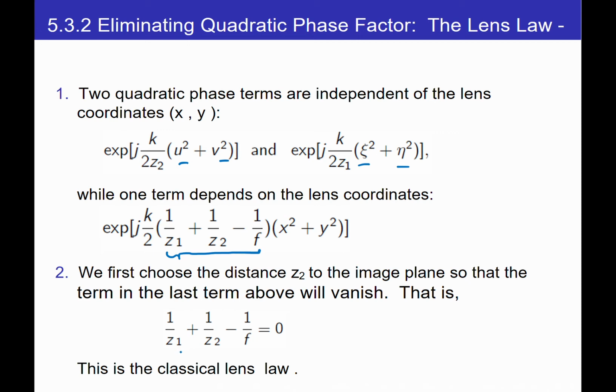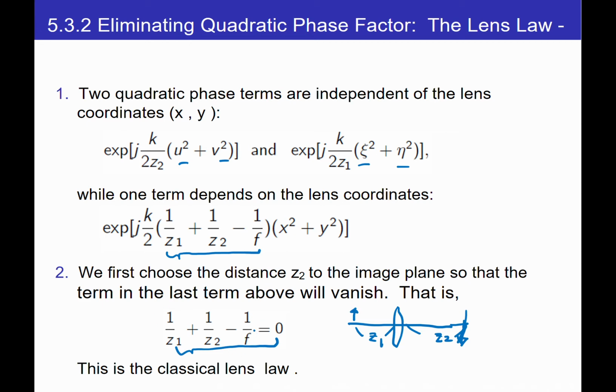And this is nothing but the classical lensmaker's law. So we get the image when Z1 and Z2 have a relationship like this, and then we have images like this.